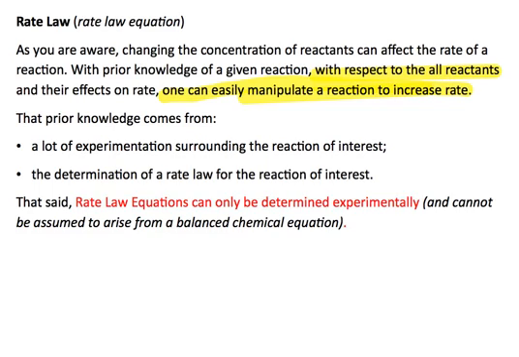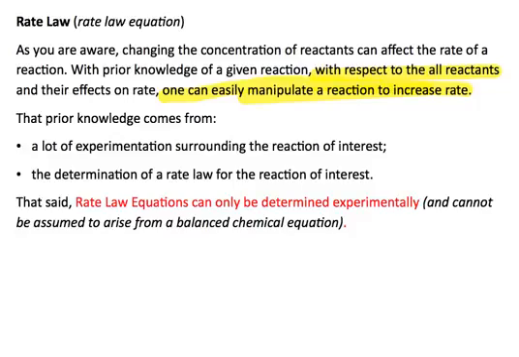That's very important from an industrial point of view, because in the lab, industrial chemists will look at a specific reaction, determine the experimental rate of reaction, and from that they can apply that knowledge to the industrial level and manipulate reactions, either to make them go faster or to hopefully make them yield more product, or whatever the case may be.